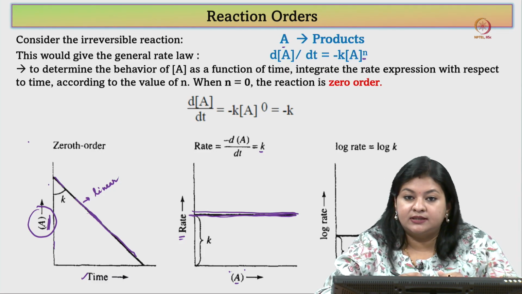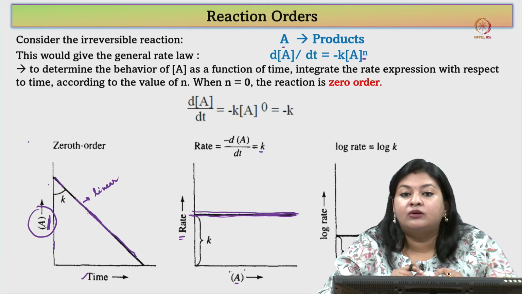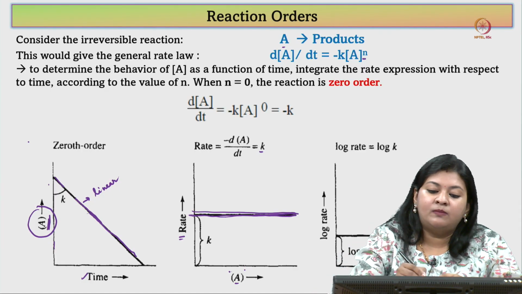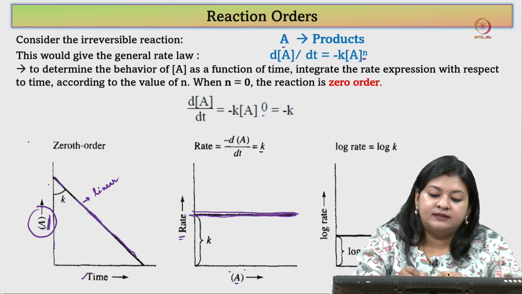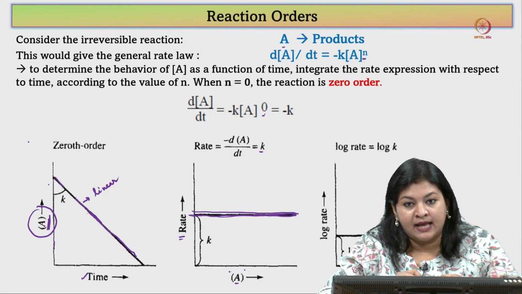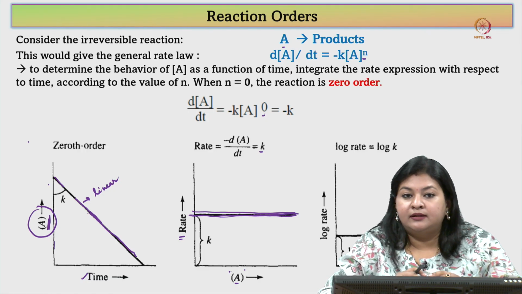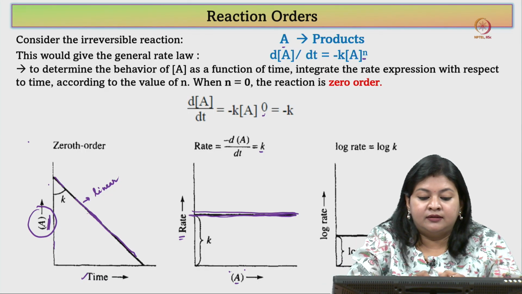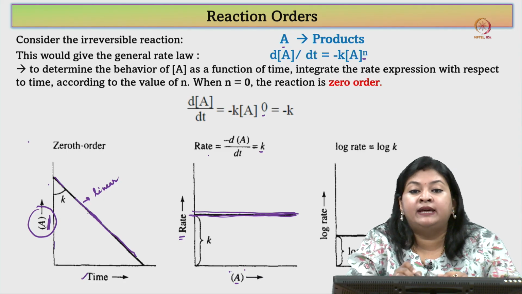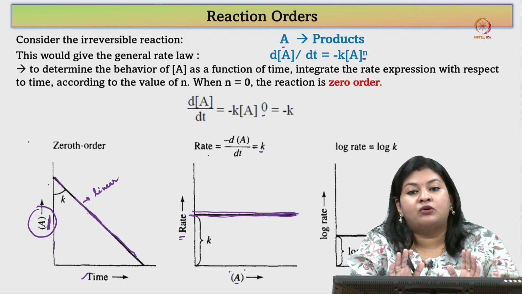Those reactions are called 0th order. Why 0th order? Because my n is equal to 0. It means that my rate is just a constant term. So, minus dA by dt is equal to K, and this remains constant.